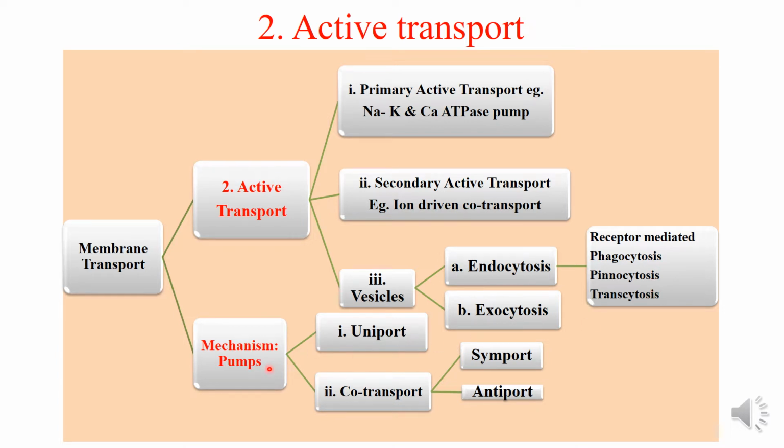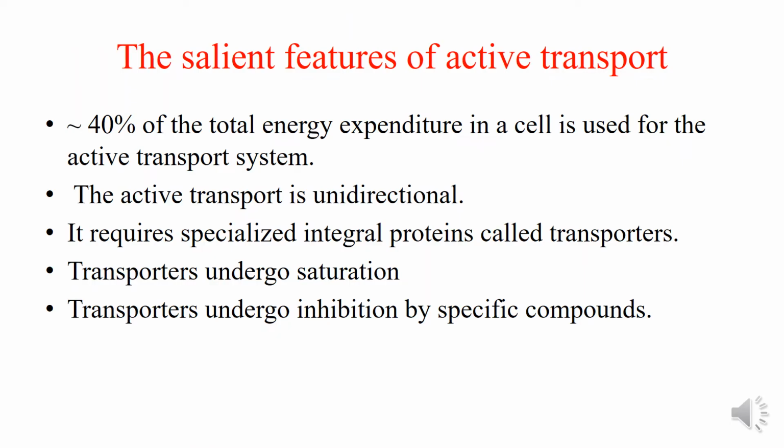The mechanism by which the active transport works is through uniport and co-transport. Co-transport is again of two types, symport and antiport. The salient features of active transport include that it acts against the concentration gradient, so ATPs or energy is needed, and around 40% of total energy expenditure in a cell is used for active transport system.